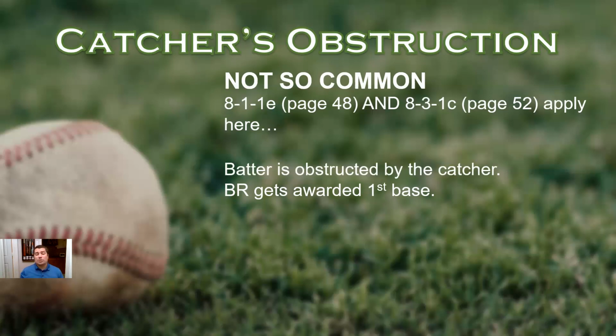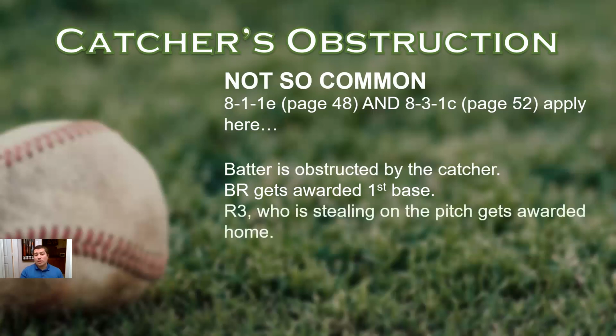In this situation, the slide comes into home and you're all going to be happy with it because he was advancing to home. And the play happens. Now the batter runner, because he was obstructed, is going to be awarded first base. R3, because he's stealing on the pitch, gets awarded home.